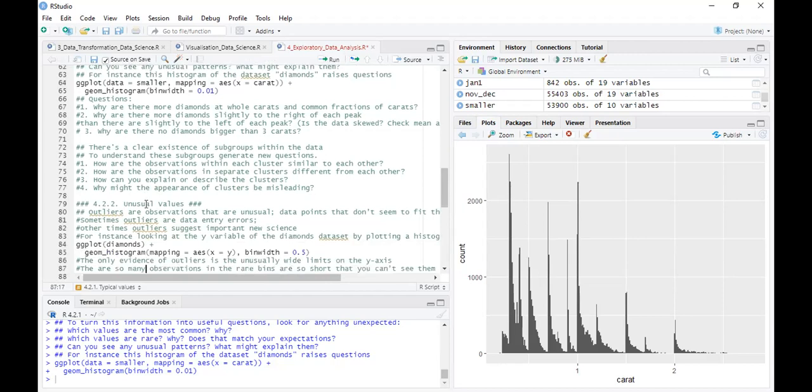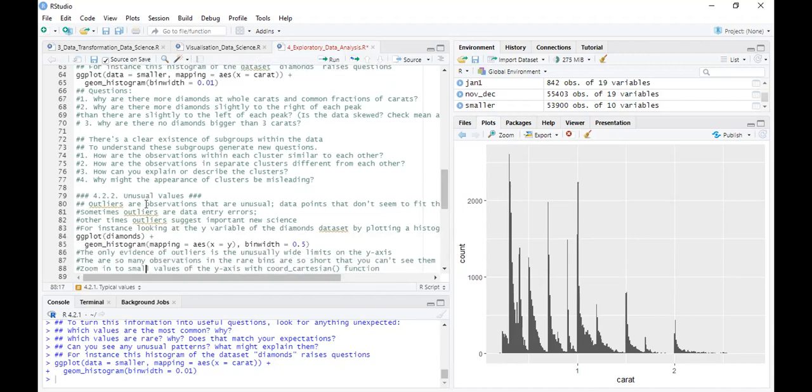Then we go into looking at outliers or unusual values within the data sets. Outliers are unusual, they don't seem to fit within the graph, but that doesn't necessarily mean that they don't need to fit there. Sometimes they don't fit because there are errors, and sometimes they don't fit because it's something new, something interesting that you need to explore some more.